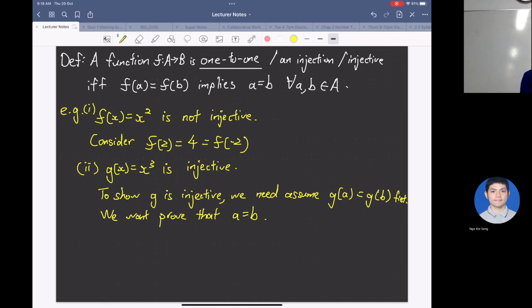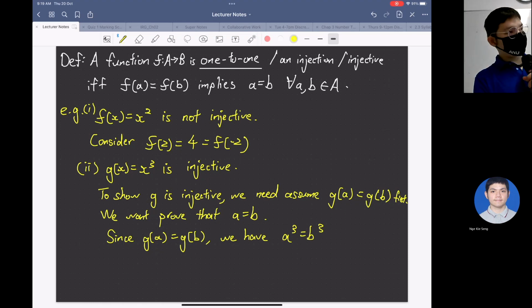So start from g(a) equals g(b). We have a cube equals b cube. Okay. So from here, how can we show that a equals b?